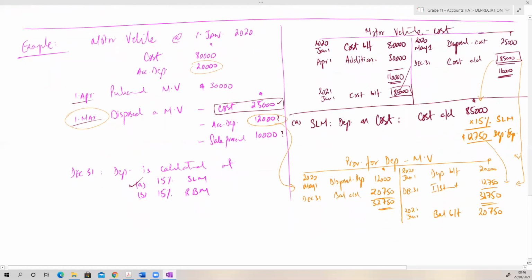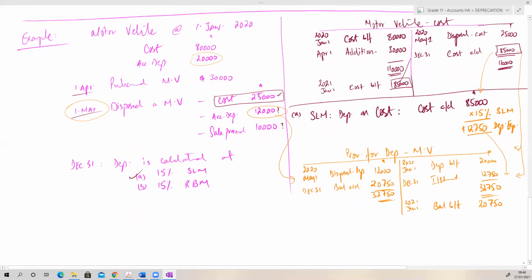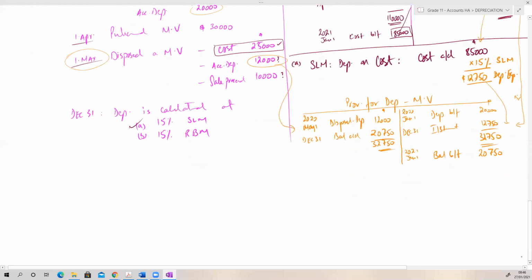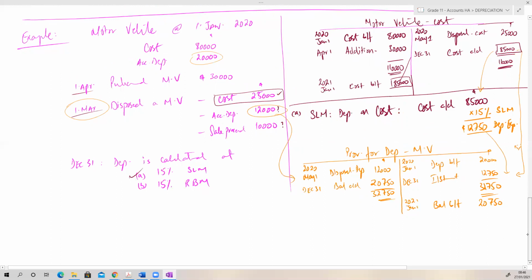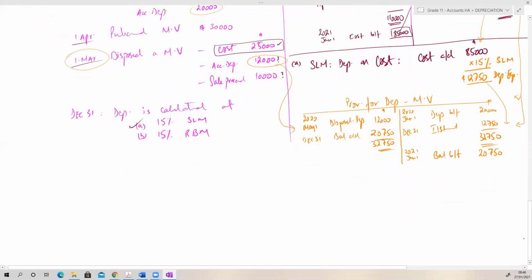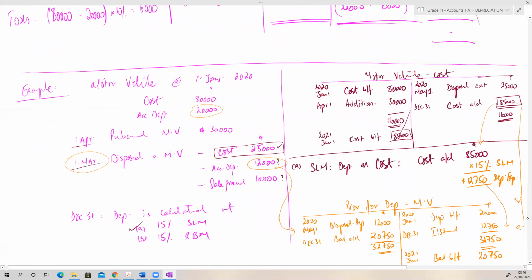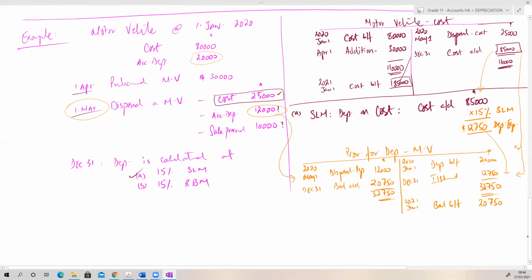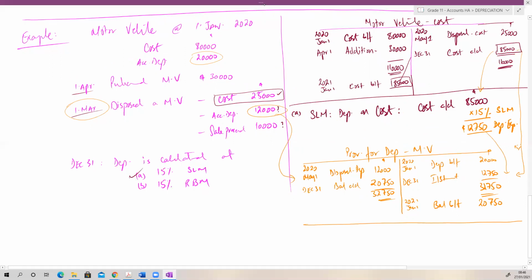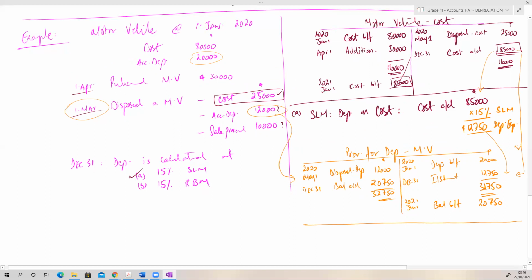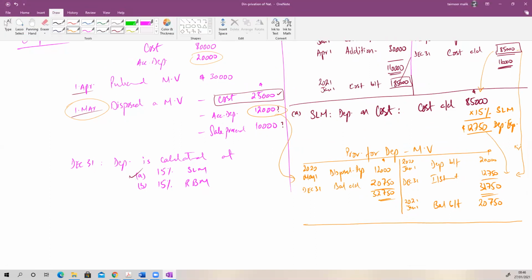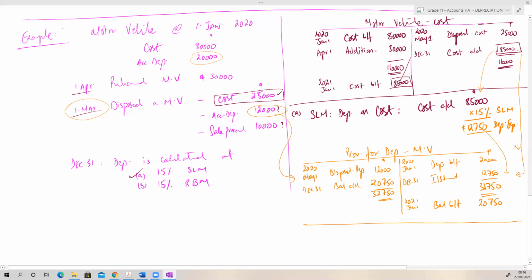Now what is different in the reducing balance method? This we have to see. In the reducing balance method, you have to do one calculation to calculate the depreciation charge for the year, and the calculation is important. How?